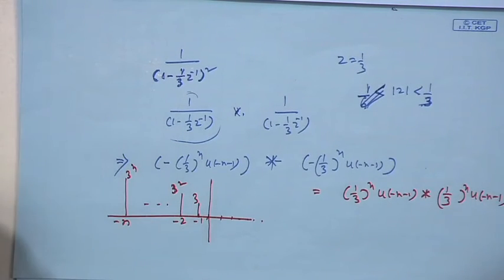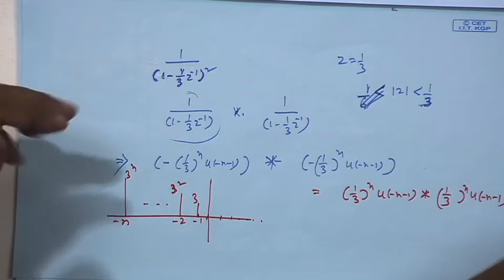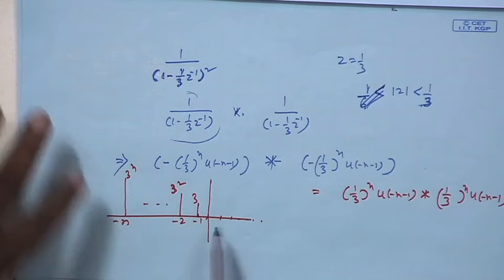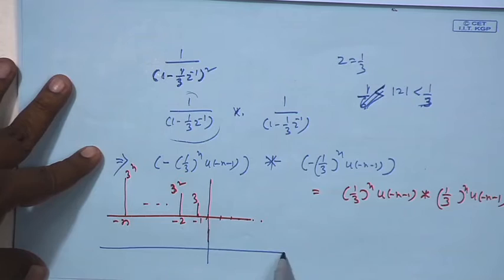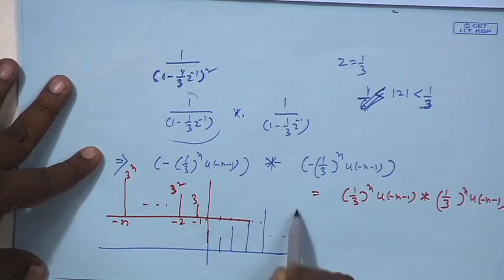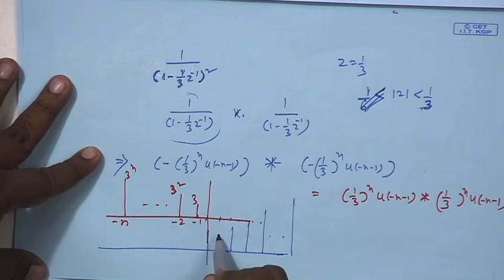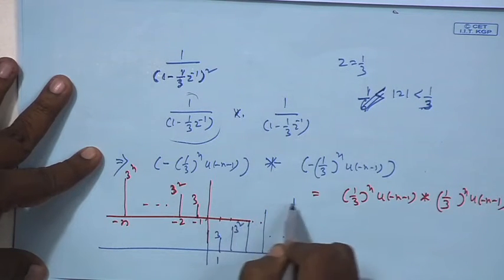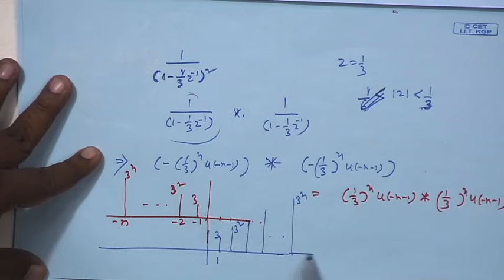This you have to convolve with itself. So, if you want to convolve with itself, you have to flip it first. If you flip it, this will go here, then here like this, dot dot. At 1 it will be 3, then 3 square, dot, 3 to the power n at n.